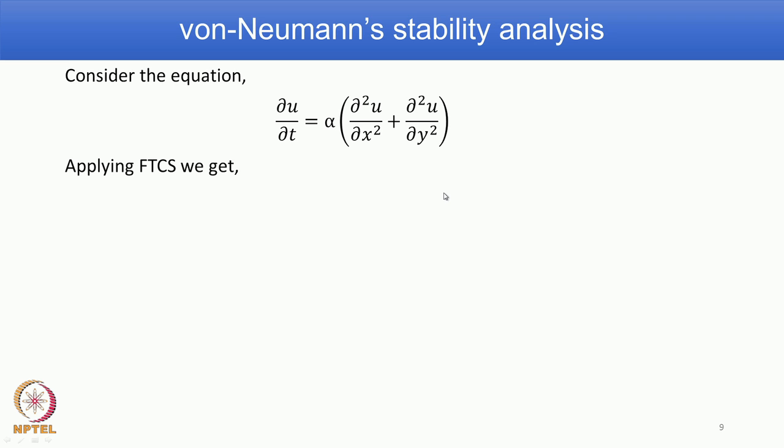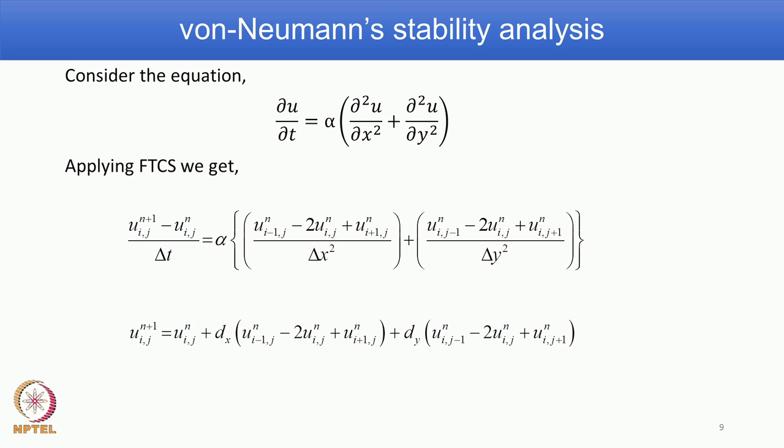We apply again forward in time, central in space scheme to this 2 dimensional equation, and we get the final expression as shown here. So, forward in time is on the left hand side, so n plus 1 and n appear, and on the right hand side we have central in space now applied for the x direction as well as in the y direction.